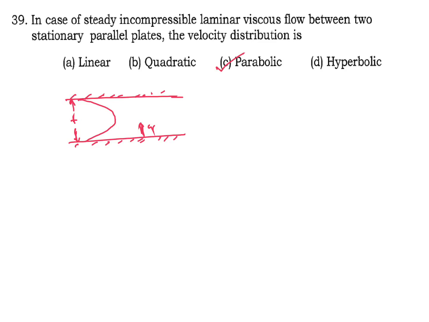And three things are important here. Sometimes they ask in list 1 and list 2: flow inside a pipe, which is Hagen-Poiseuille equation, between two fixed plates, then one plate fixed and the other moving.